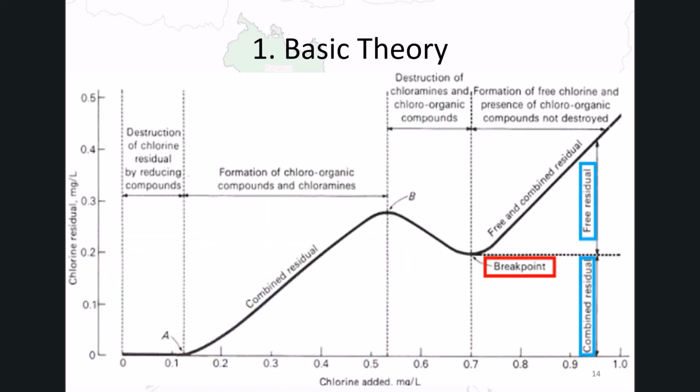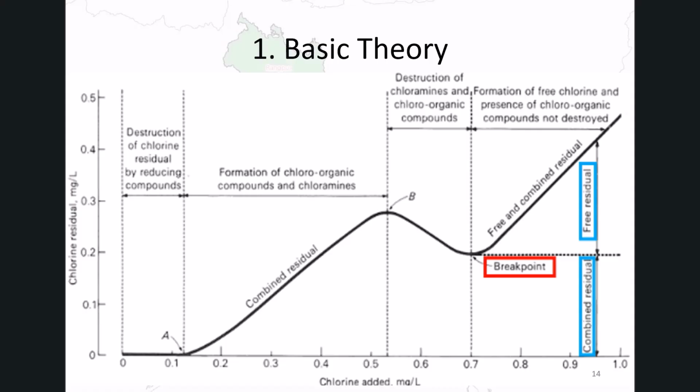This graph visually explains the breakpoint concept. At the beginning, when you start to add chlorine, it reacts with reducing substances and ammonia in the water, and combined chlorine increases, as you see at the chlorine level 0.1 to 0.5 milligrams per liter in the graph.